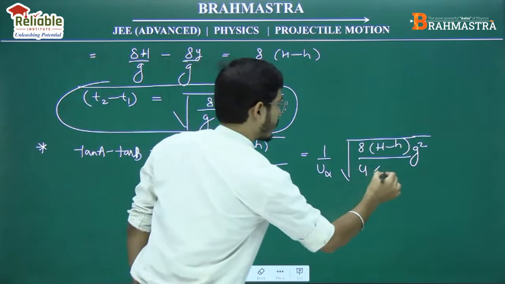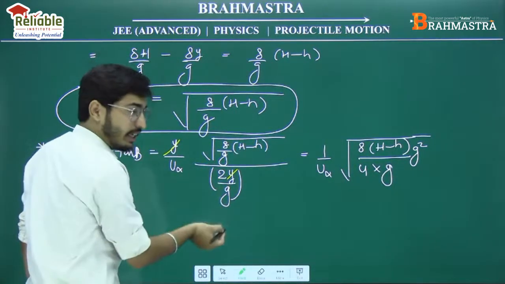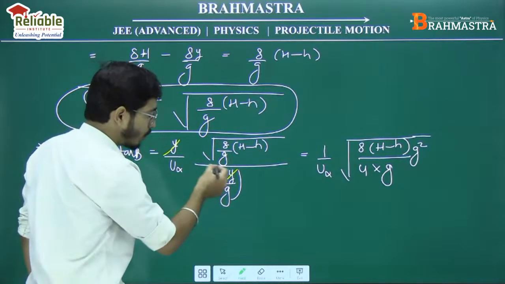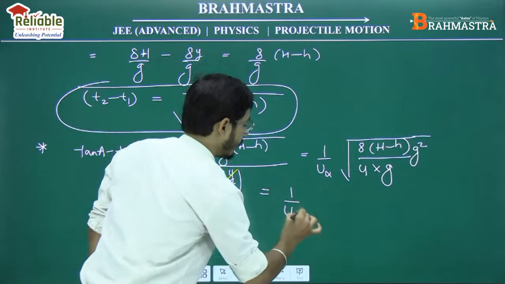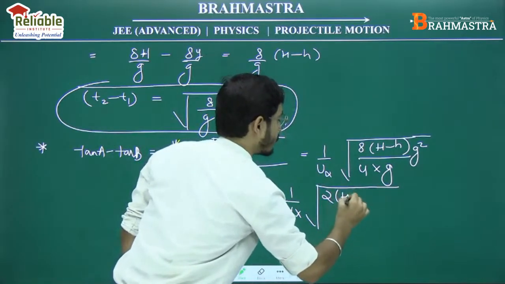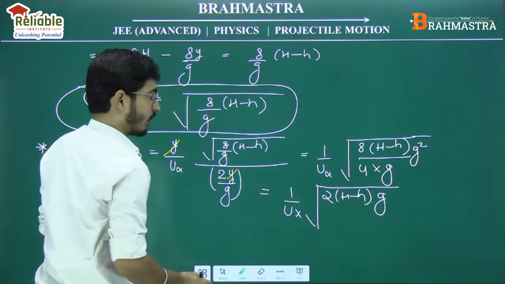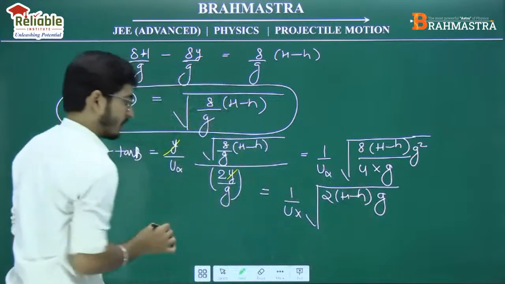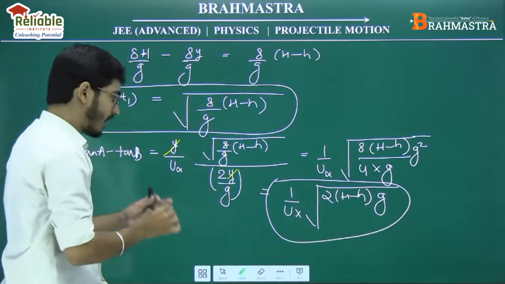Then there is a g also in the denominator. Okay, if you take this quantity inside the under root, you'll have to write 4. You cancel out. This becomes ux. We are finally getting 2 into H minus h. Then there is a g. Okay, this is what we are getting. I know it doesn't seem to be a good expression, but we'll try to make it.